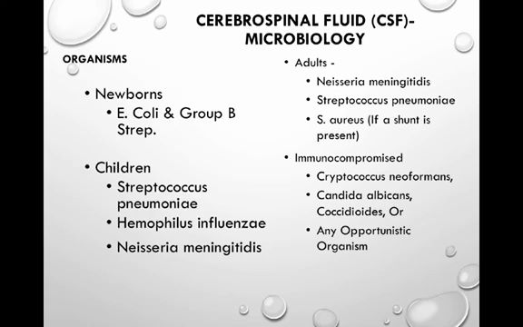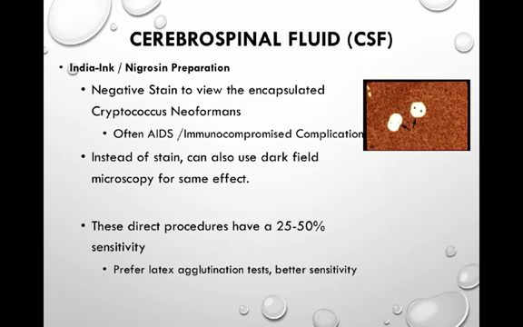Streptococcus pneumoniae, Haemophilus influenzae, Neisseria meningitidis in children. Neisseria meningitidis, Streptococcus pneumoniae, Staph aureus in adults. And then we will also see Cryptococcus neoformans, Candida albicans, those groups of organisms in immunocompromised patients.